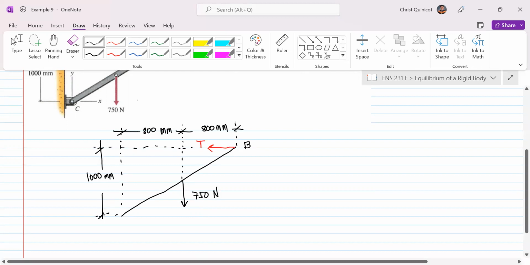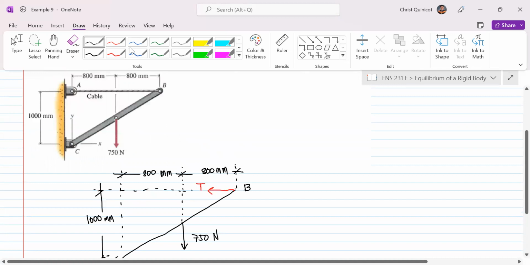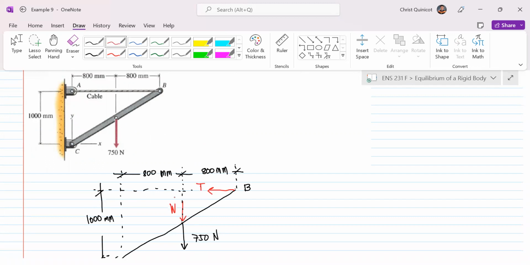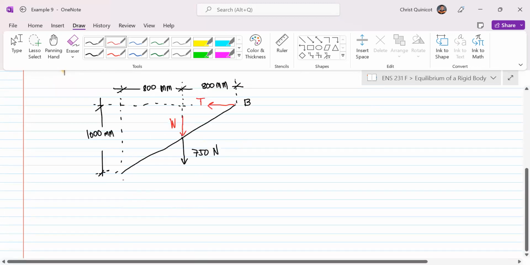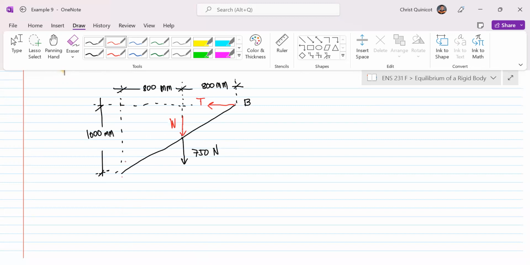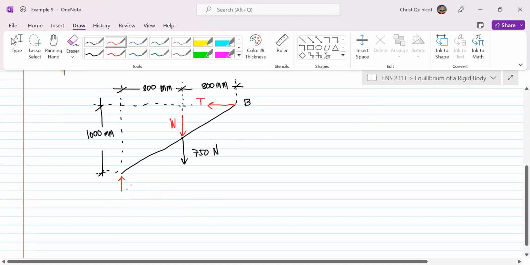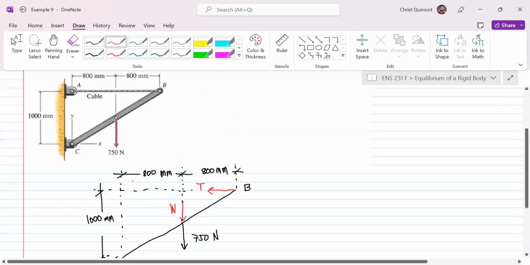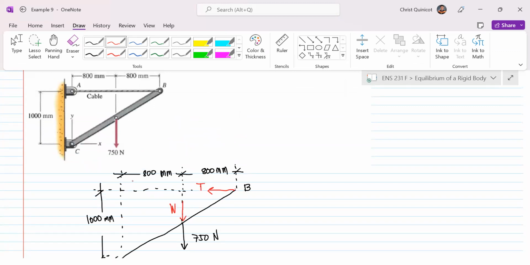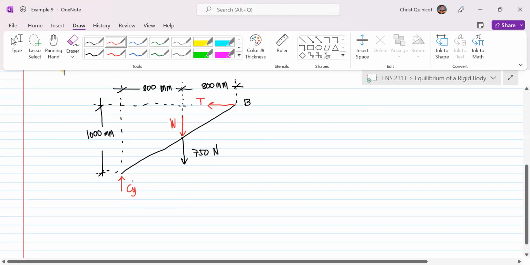Of course, since we'll be considering the weight, we add another force going down at the centroid, W. By inspection, we have Y components, which are our weight and our 750, so it must be that we have a support here, C sub Y. And again, by inspection, only our tension T has a horizontal component, and that is going to the left.